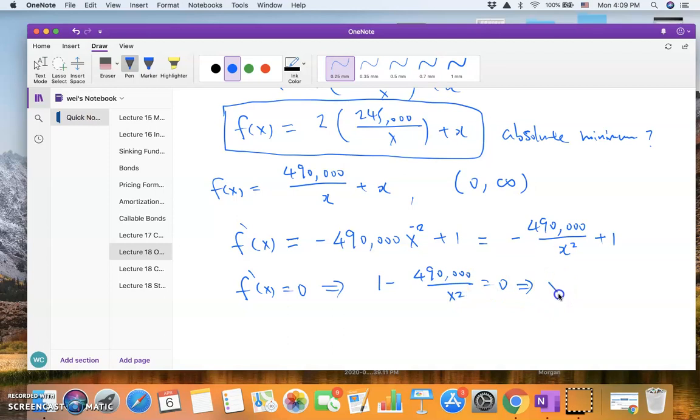So we have x squared equals 490,000. By solving this equation for x, we have two results. One is x equals 700, one is x equals negative 700. Because x cannot be negative, we drop this result. So we have found one critical point.